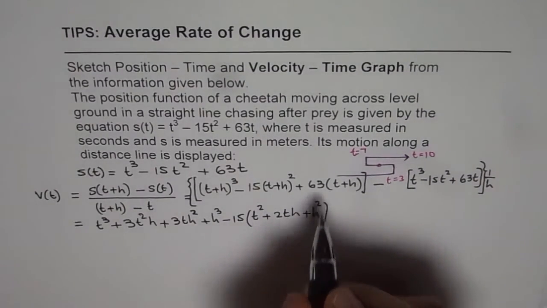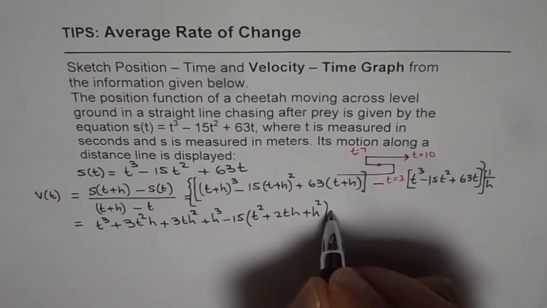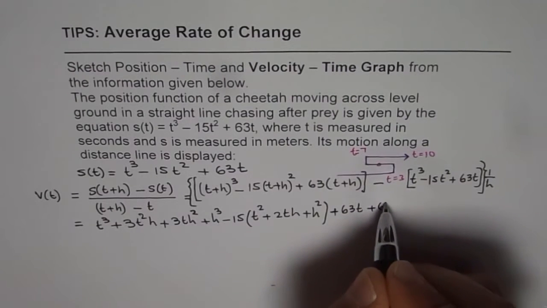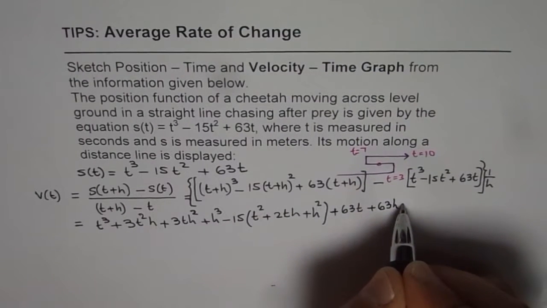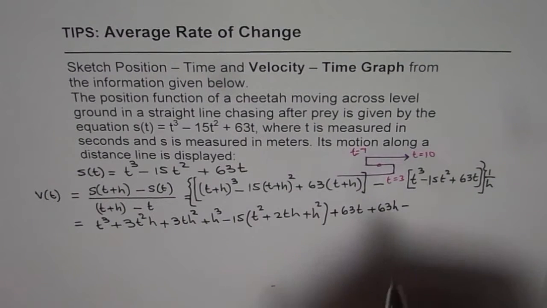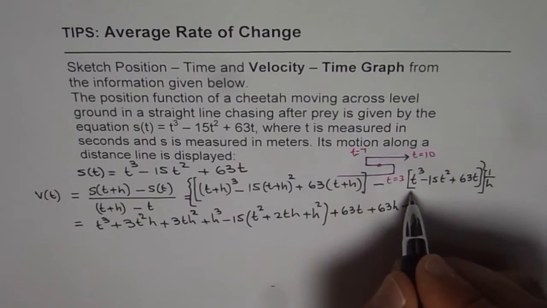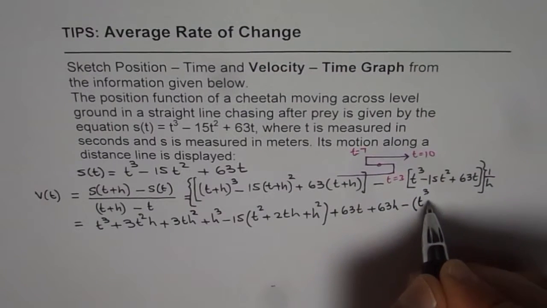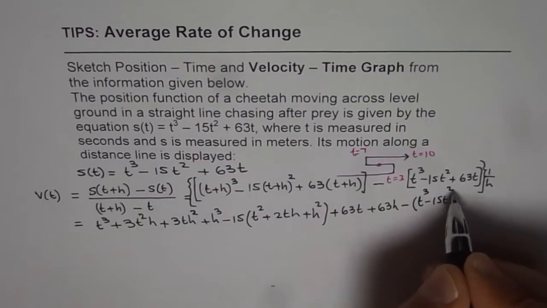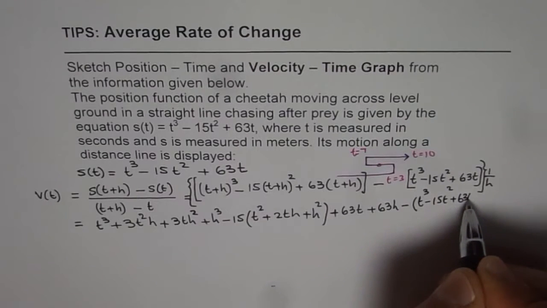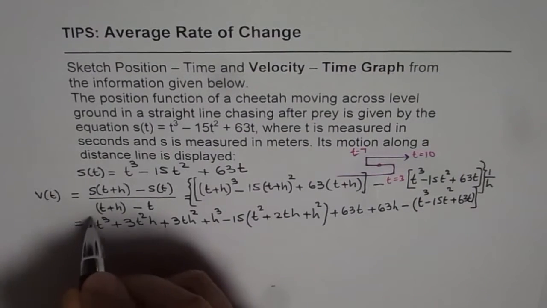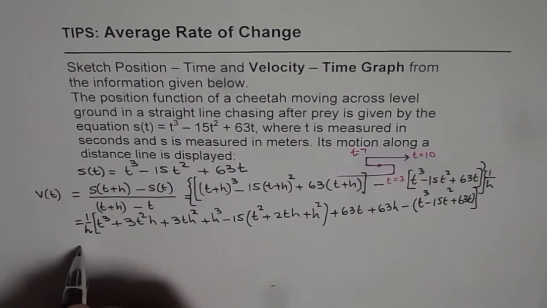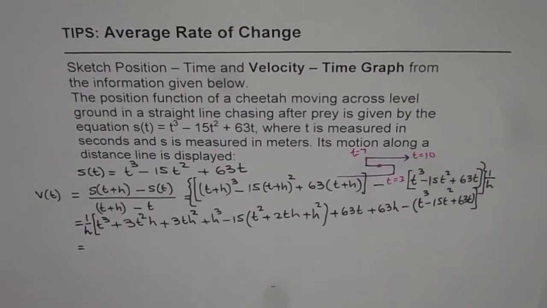And then we have 63 times t plus h, so we can write this as plus 63t plus 63h, minus all this, which is, let's put them in brackets, t cubed minus 15t squared plus 63t. Now all this is in brackets, and we are dividing all this by h. So we say 1 over h here.